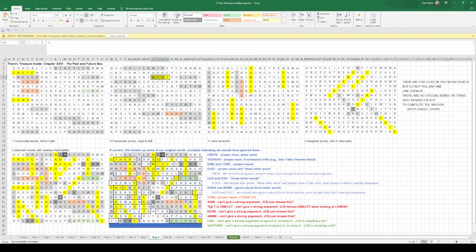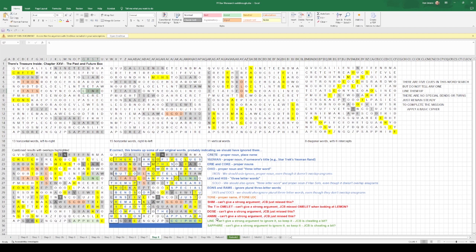I don't know. So basically I go through a couple more of these. I'm not ignoring Sapphire for now because it doesn't completely overlap with Cipher. And line, even though line completely overlaps, it's still intact, so I think it counts towards both the anagram and the word search.